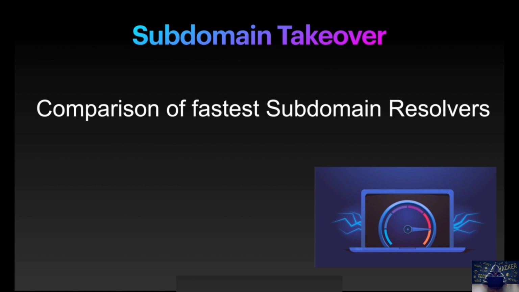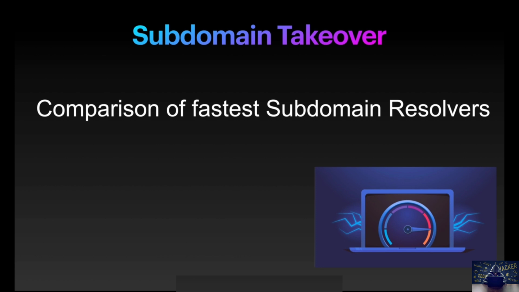The first is more results, containing a lot of subdomains of that specific target, because we do not want to miss any subdomain which may be vulnerable to subdomain takeover attacks. So the first thing we want is the maximum number of subdomains in our output.